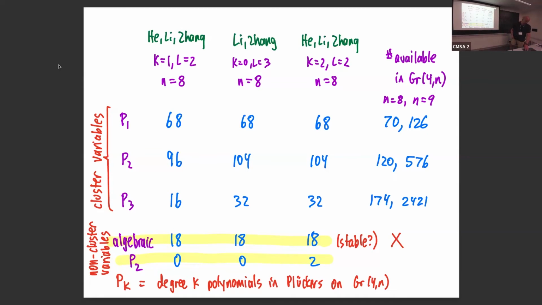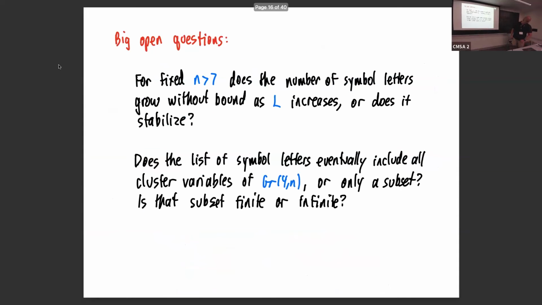Or will it stabilize at some loop order? Suppose it goes on forever. Does the list of symbol letters eventually include all of the infinitely many cluster variables, or only a proper subset? We don't know the answer. Is that subset finite or infinite?